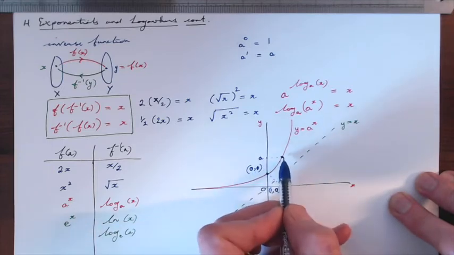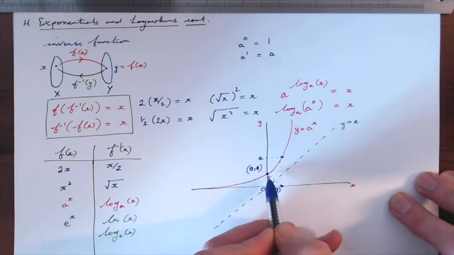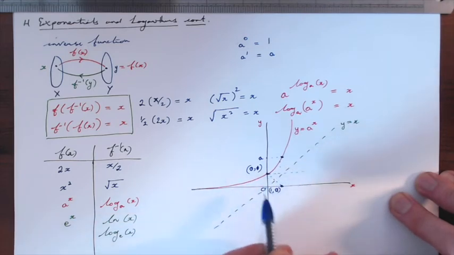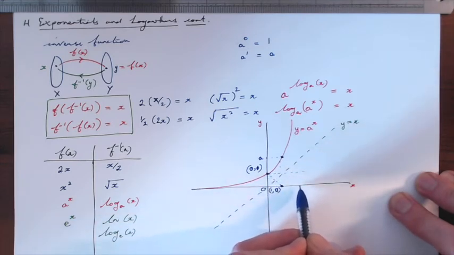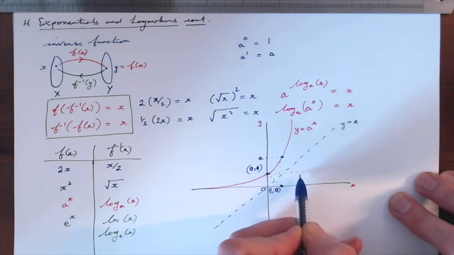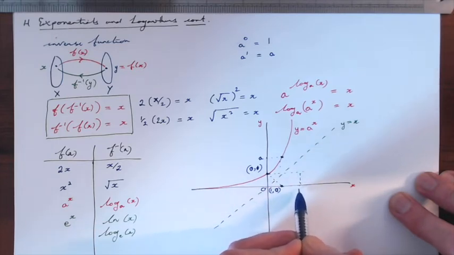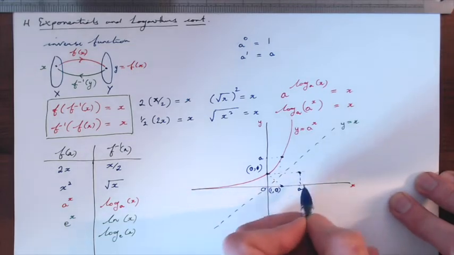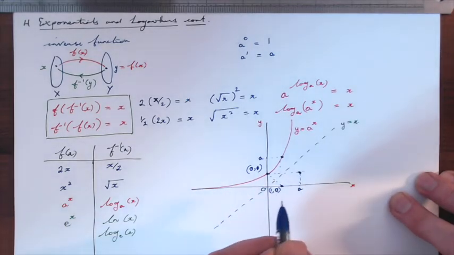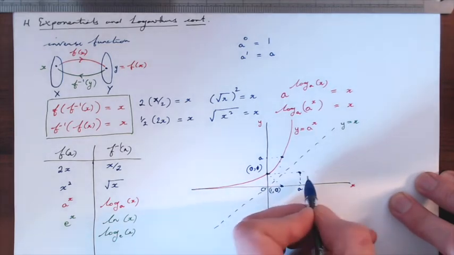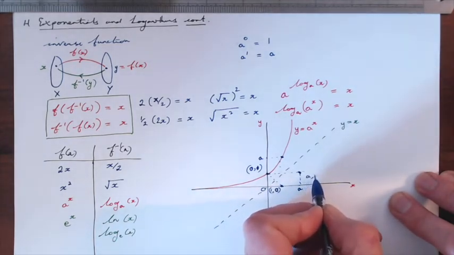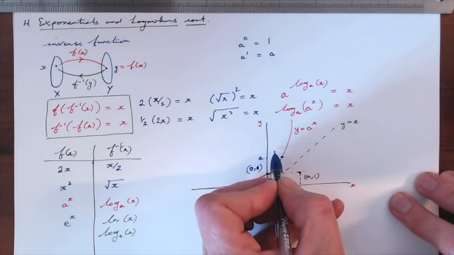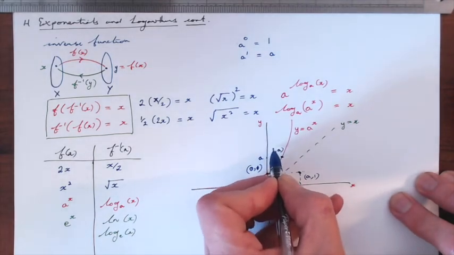And then this point will be reflected to here, it's about here, isn't it? This is a now. Gets reflected to there, and this is the point a, 1. And this was the point over here, this was 1, a.